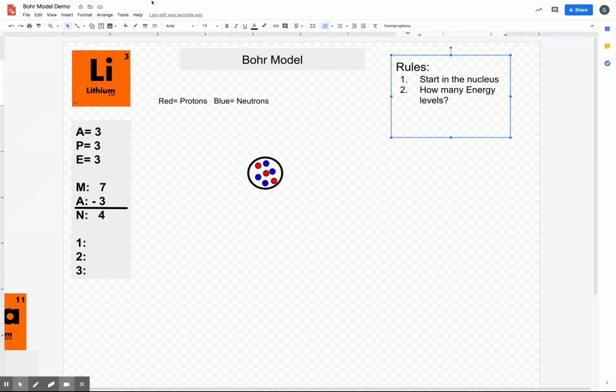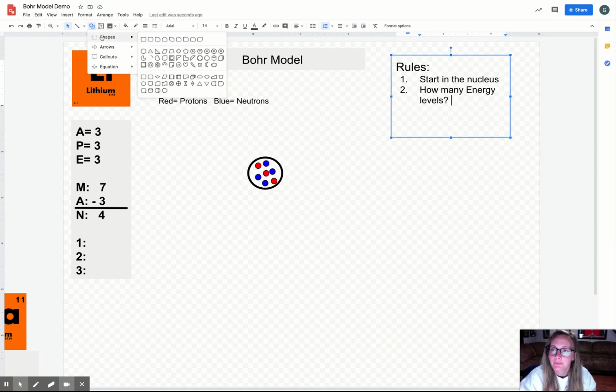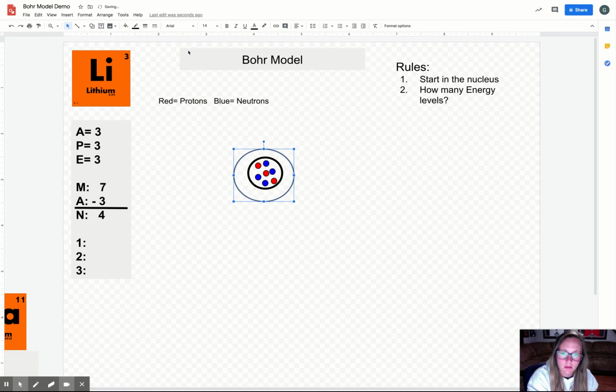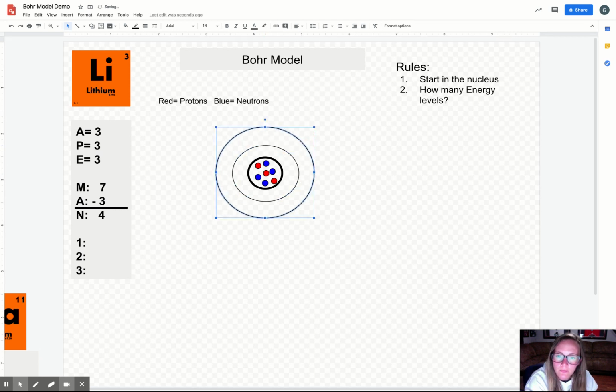Because it's in period 2, that tells us it has 2 energy levels. So I'm going to draw my energy levels. There's 1. Okay, there are my 2 energy levels.